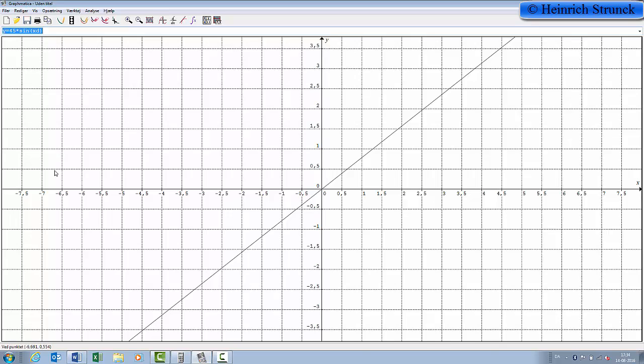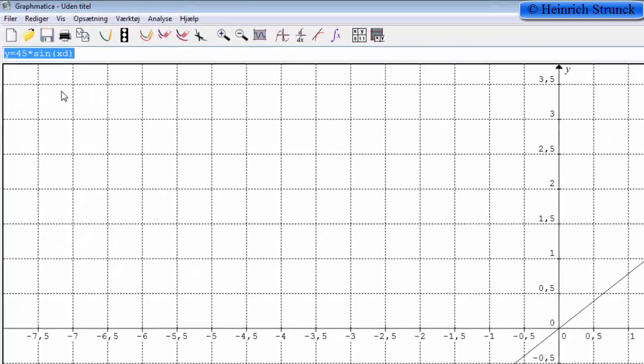So we have to adjust the axis so that we can see an angle of, for example, minus 400 degrees to positive 400, and the y-axis for plus minus 50 volts.